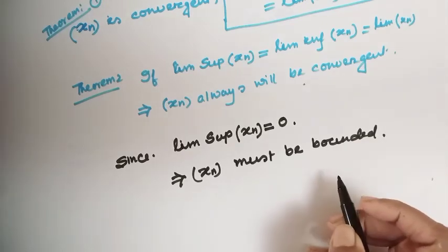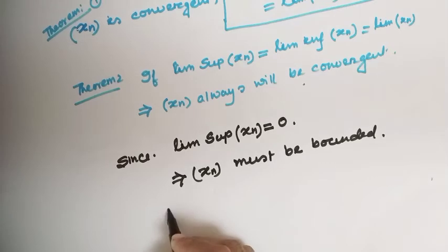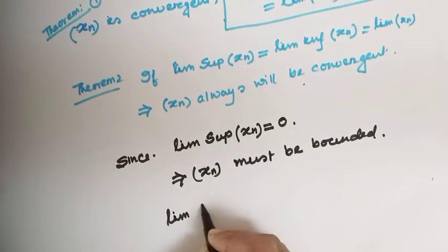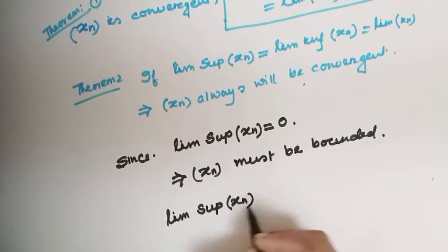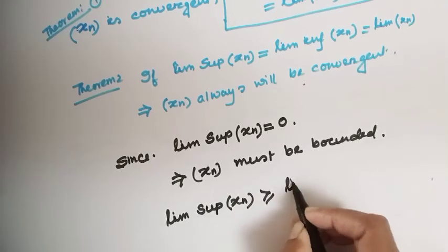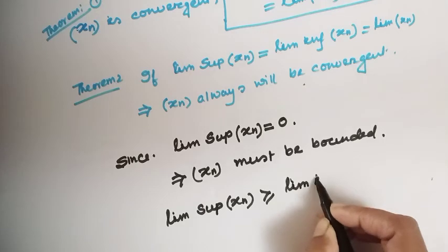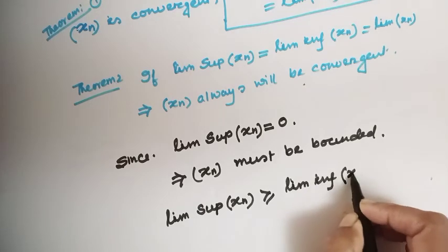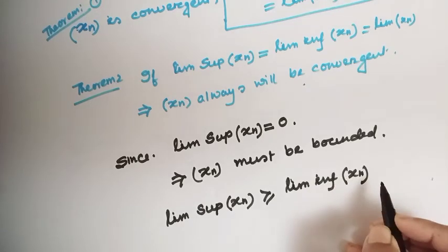We all know limit superior of the sequence xn is always greater than or equal to limit inferior of the sequence xn.